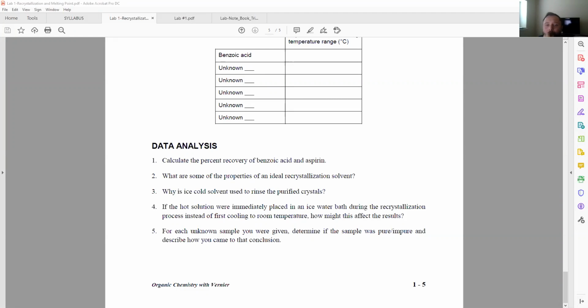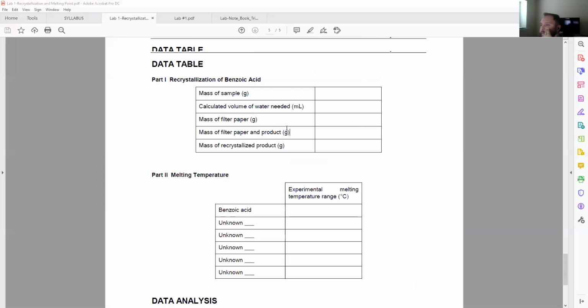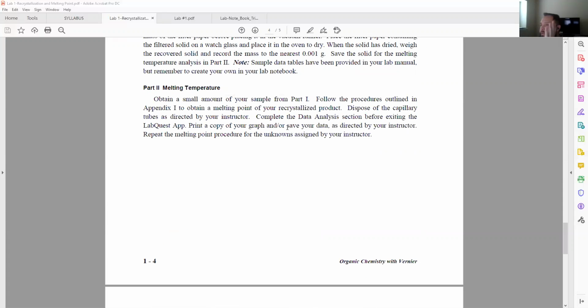I think only some labs may have them at the end. For instance, this lab doesn't have them, but I think some others do. Does anybody here have any questions with anything I've gone over so far? Not at the moment. Okay.